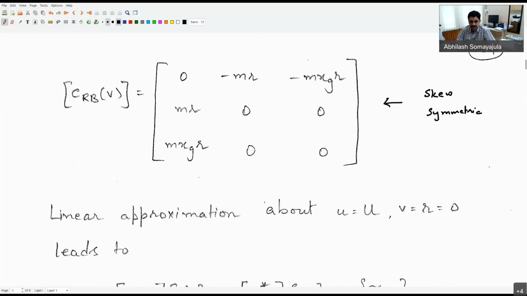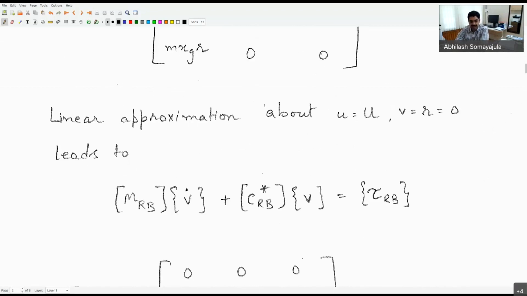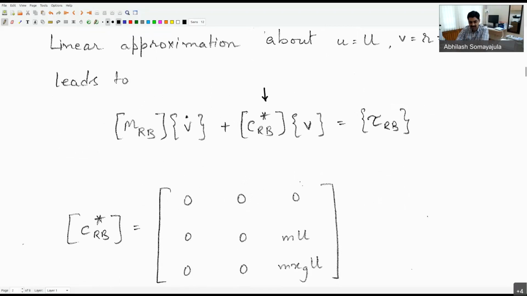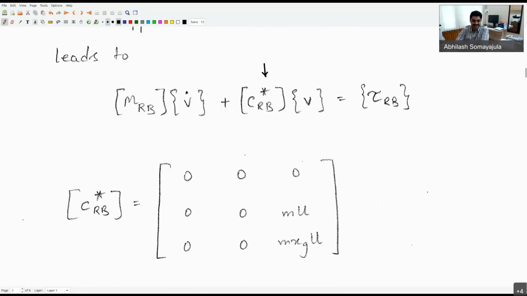Okay, again, as we looked at in the last class about the linear approximation about the operating point u equal to capital U and all of the modes being 0, this leads to a simplification MRB times V dot plus CRB star times V is equal to tau B, where the CRB star is a linearized Coriolis matrix, and it can be shown that in this case the Coriolis matrix turns out to be 0, 0, and then 0, MU and MXGU.